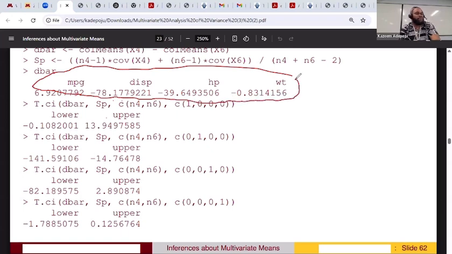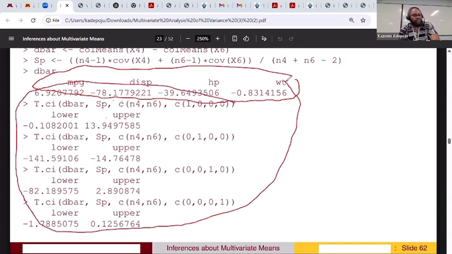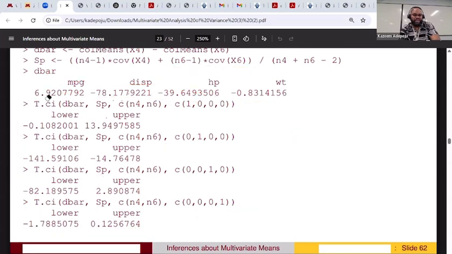This is the mean for each variable. And what you see here, I'm trying to figure out the confidence interval for each variable. Take a look at this. This very one is talking about MPG.